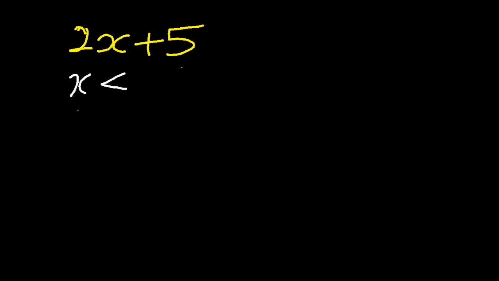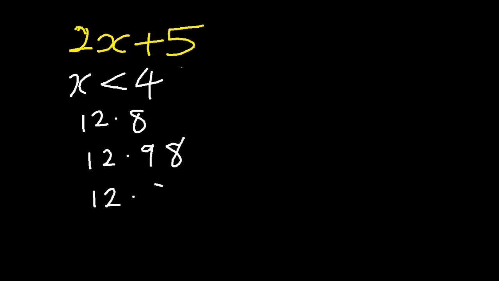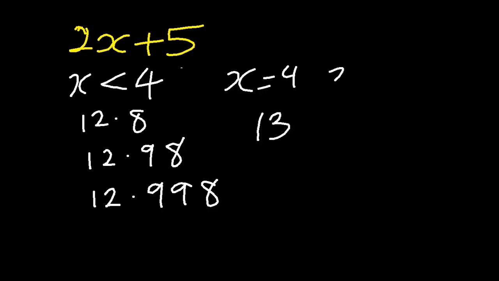We have when x is less than 4, our set of value for the limits are 12.8, 12.98, 12.998, and when x is equal to 4, our value is 13.